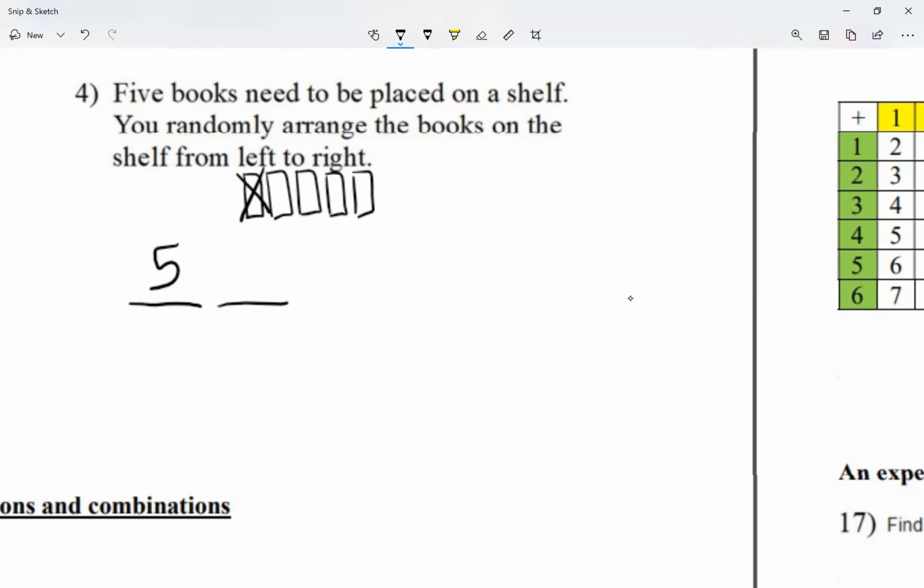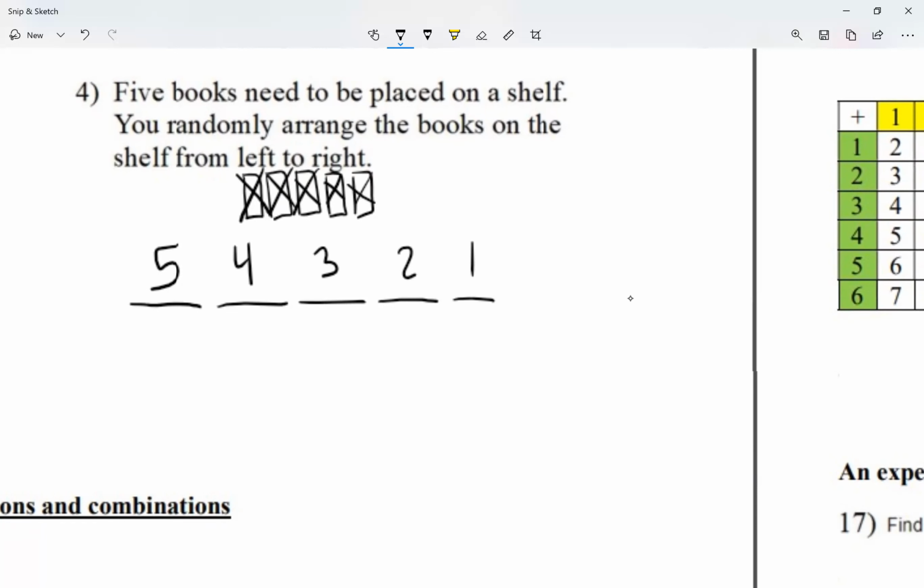Oh, there's 4. Okay. Boom, let me take a book out. My third choice. I see 3 available books, right? So I have 3 choices. Boom, let me take one out. Now my fourth book, well, I only got 2 choices. And then on my last book, well, I only got 1 choice.